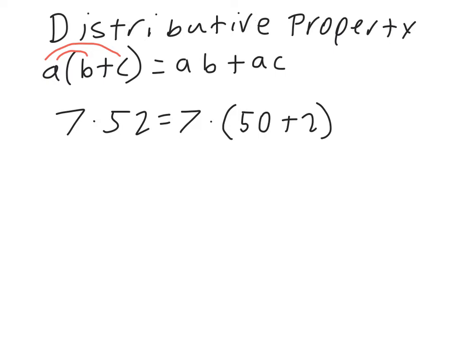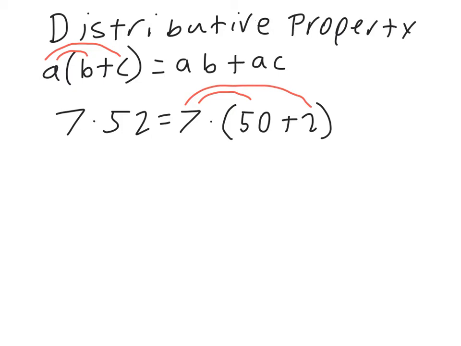So does everyone agree that 7 times 52 is the same thing as 7 times (50 plus 2)? Because order of operations says parentheses first, so 50 plus 2 becomes 52. Sound good? So using the distributive property, we know that we have to multiply 7 by both 50 and 2.